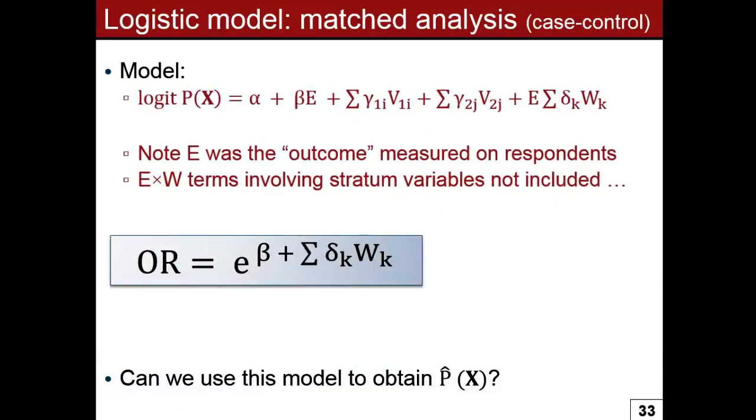Now, we added only V's. And if you remember, our formula for the odds ratio that we talked about last lecture was e to the beta plus the sum of all the deltas times w's. Remember that we only look at the pieces that are involved in product terms of the exposure, and those are the effect modifiers.